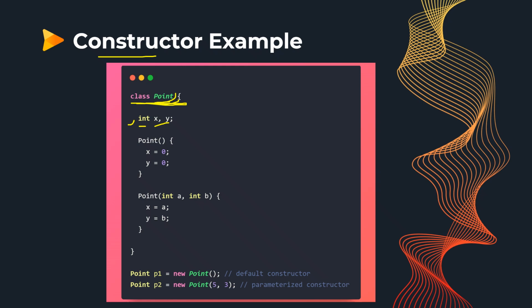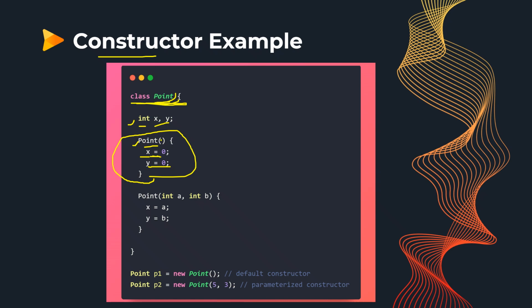These are our attributes or variables. Point is a method and we have initialized our attributes: we have given 0 to our x variable and 0 to our y variable. This is our constructor, but it is our default constructor.